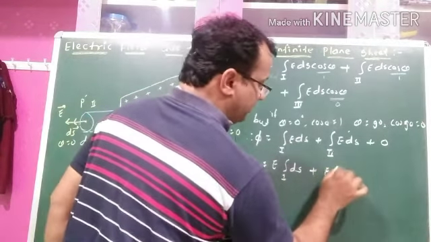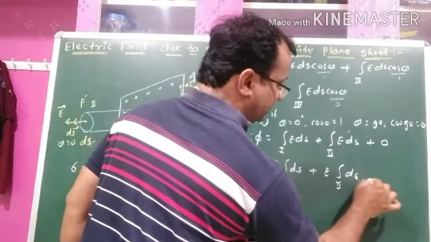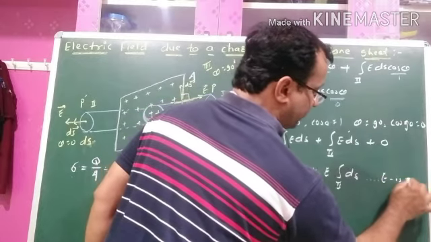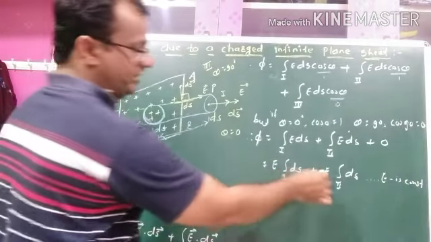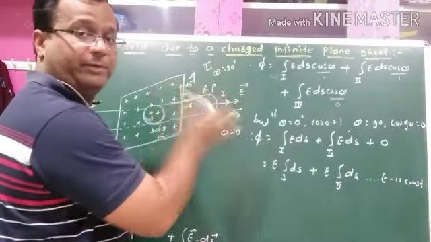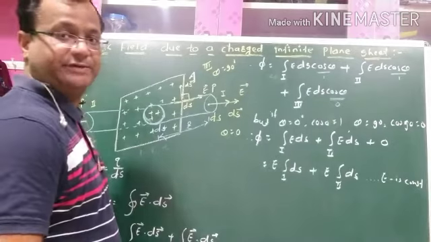Again here E is constant, so the integration for the second area is ds, right. Why do we write this E outside? Because the value of E at point P and P dash is the same, so we keep it outside the integration sign.